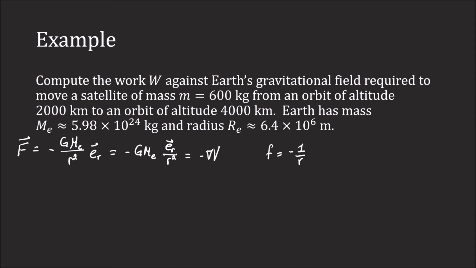So for this inverse square field, we have negative V is G mass of the Earth over r. Right? And so V itself is negative G m sub e all over r.